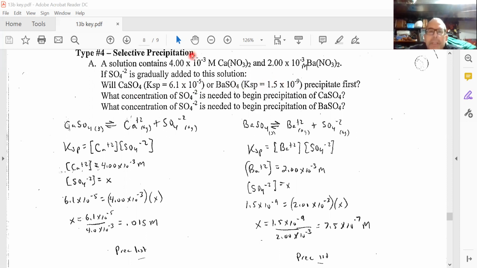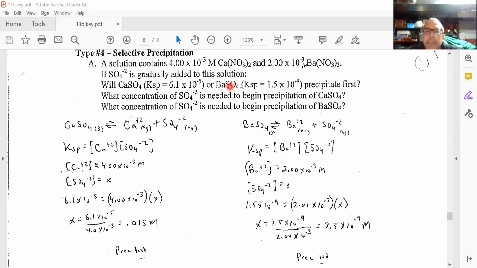If these two had the same concentration, the one with the lower KSP would precipitate first. If these two had the same KSP, the one with the higher concentration would precipitate first. The calcium is at a slightly higher concentration, but the KSP for the barium sulfate is much lower than for the calcium sulfate.